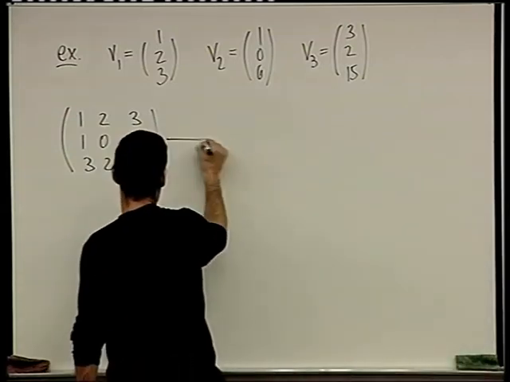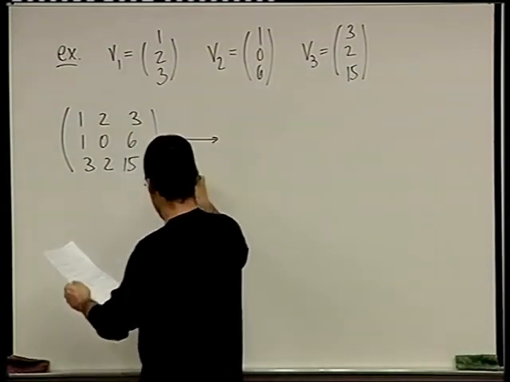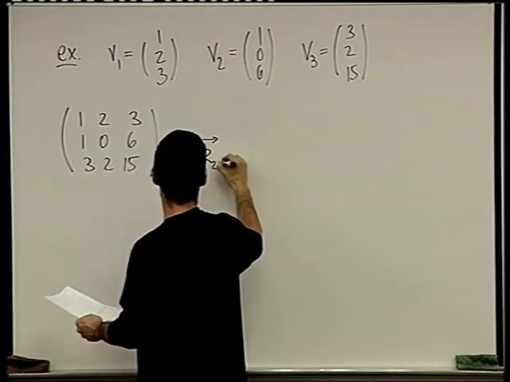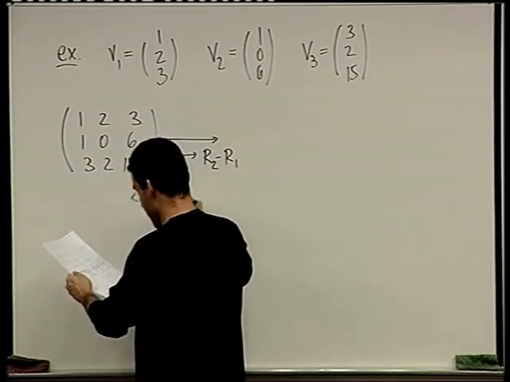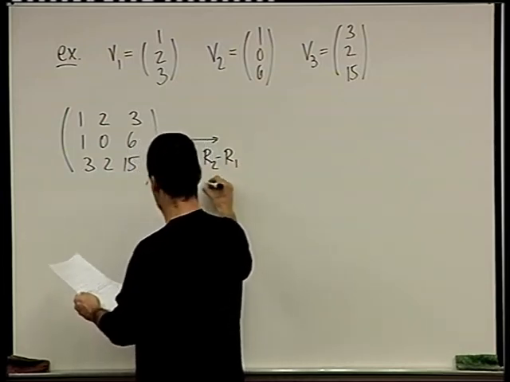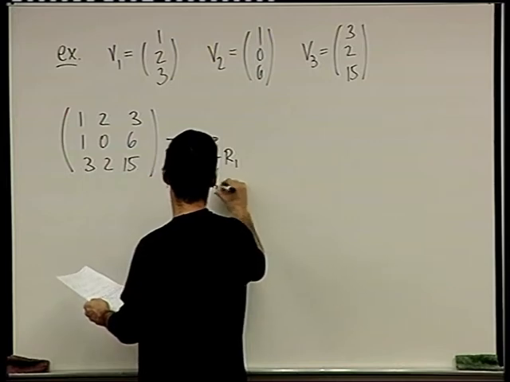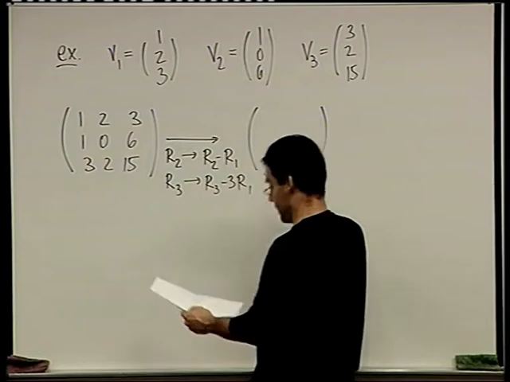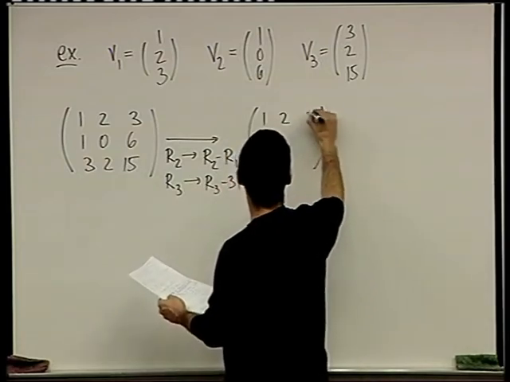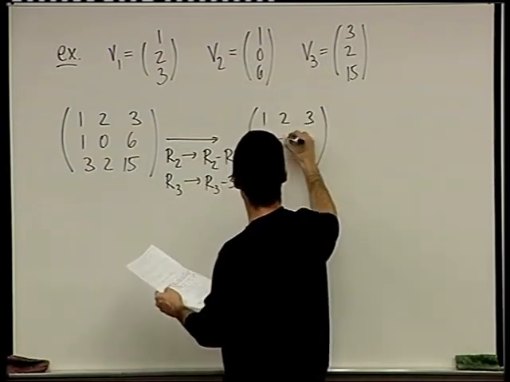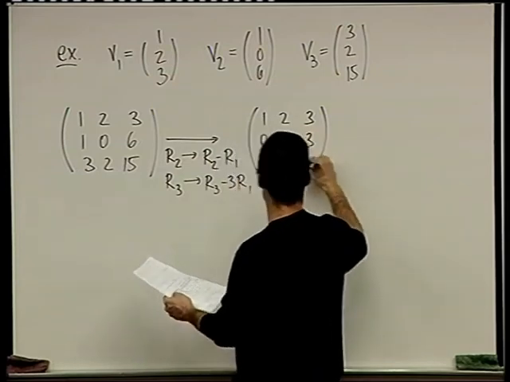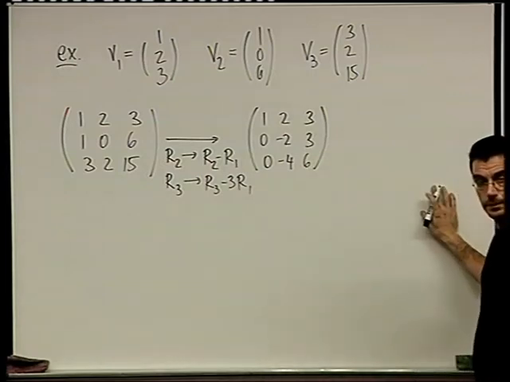Let's do that. The first step is going to be, I'm going to take R2 and replace it by R2 minus R1. And I'm going to take R3 and replace it by R3 minus 3R1. So what I get, tell me if I'm right: 1, 2, 3, 0, negative 2, 3, and 0, negative 4, 6. Do you agree? Good?